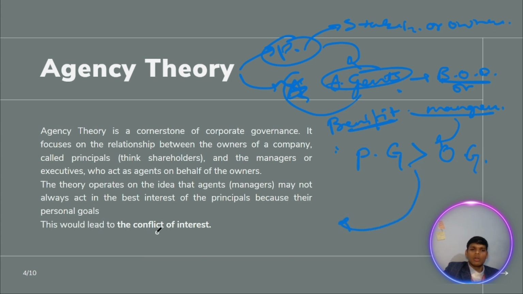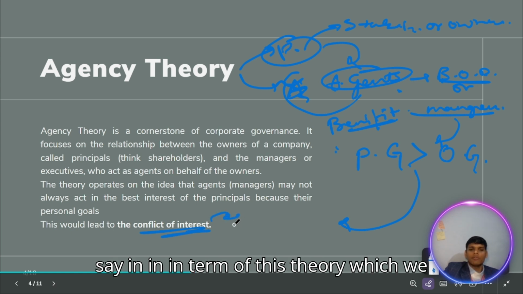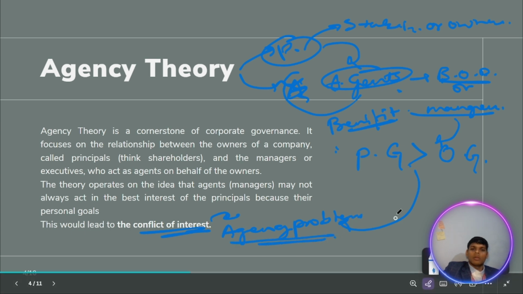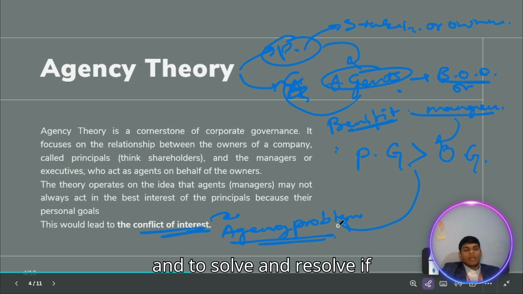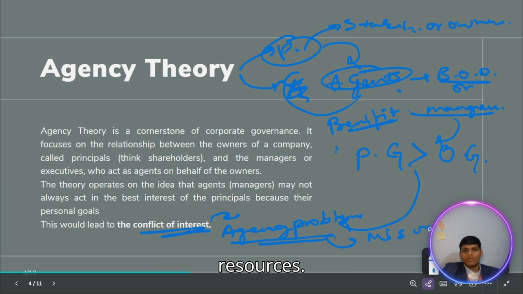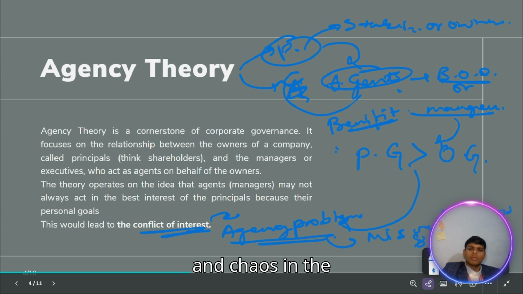This leads to a conflict of interest, which in this theory we also call the agency problem. If this conflict isn't resolved, it will lead to misuse of resources, distrust and chaos in the organization.